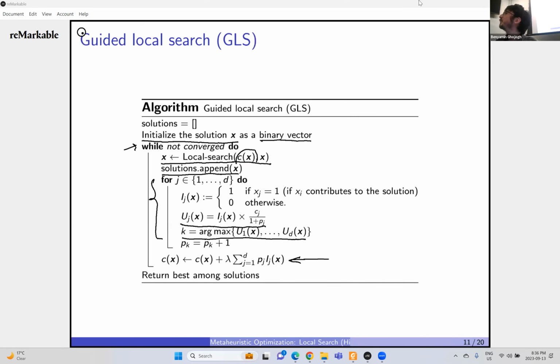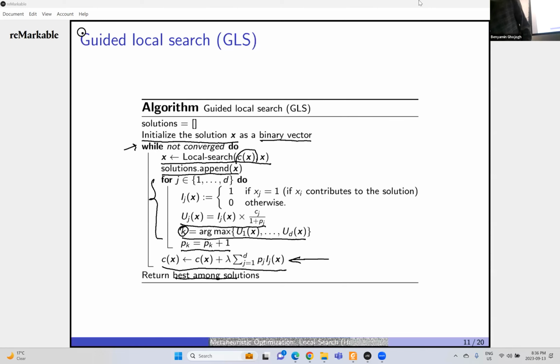What does argmax do? I think we talked about it in preliminaries. Among these, which one is the maximum? Which index is the maximum? And then for that one, which has the largest utility, I increment its penalty. And then I regularize the cost and feed it to the landscape to search in that regularized cost.